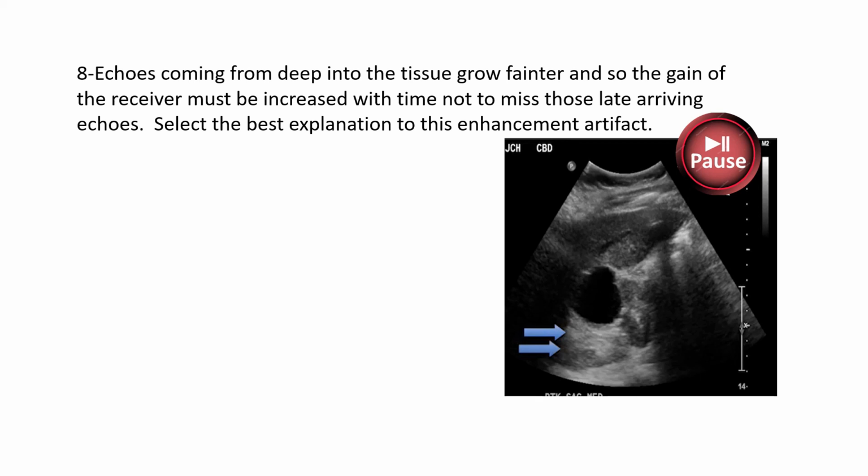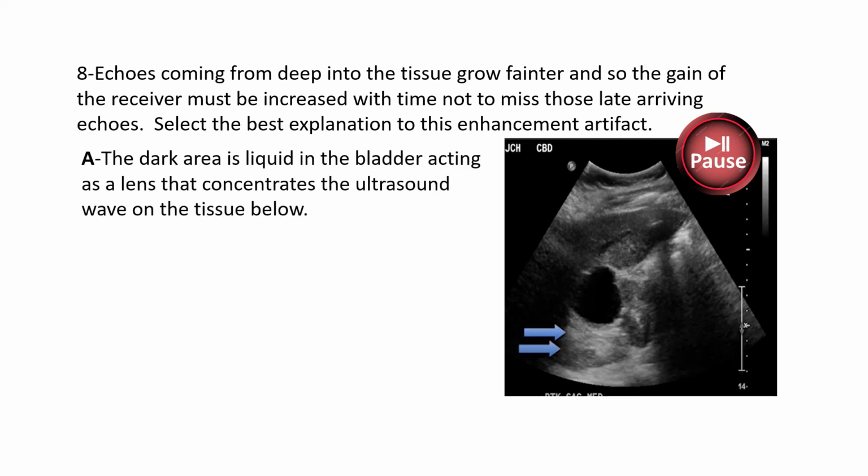Select the best explanation for this enhancement artifact. Here's A. The dark area is liquid in the bladder acting as a lens that concentrates the ultrasound wave on the tissue below.